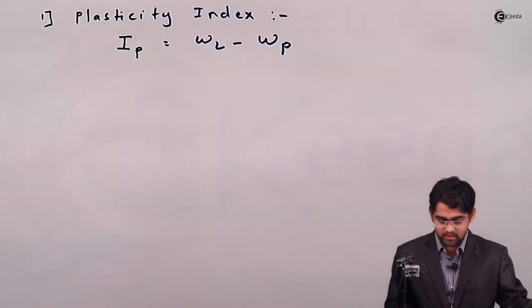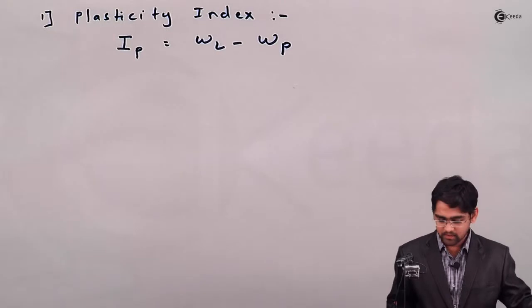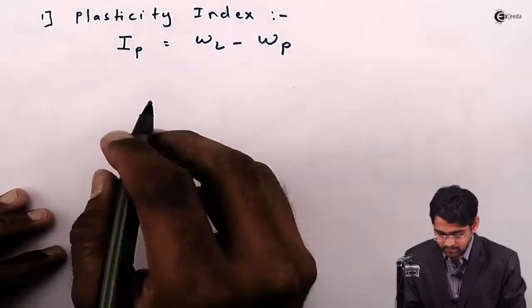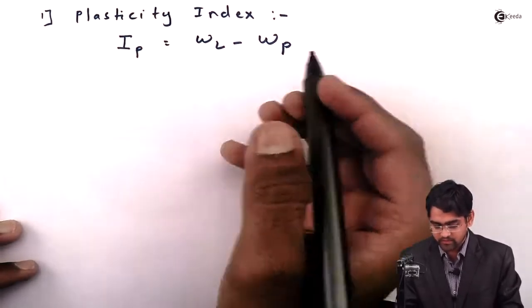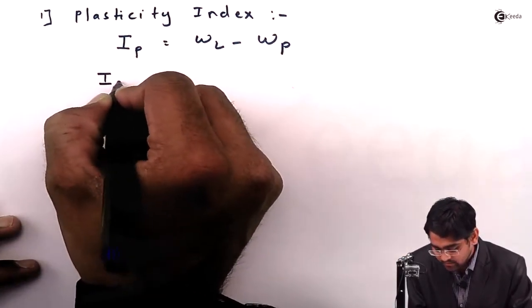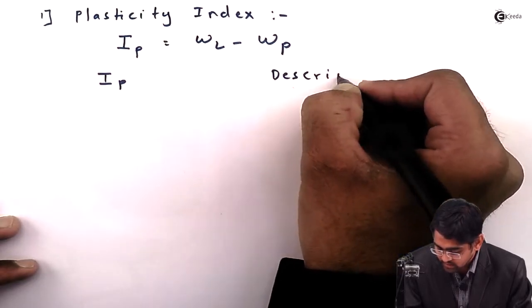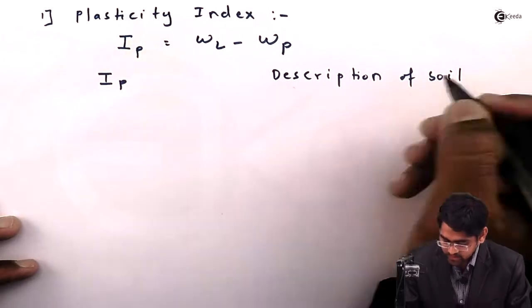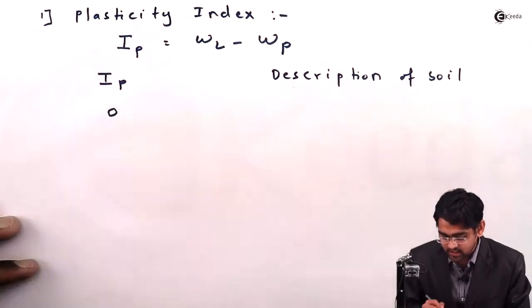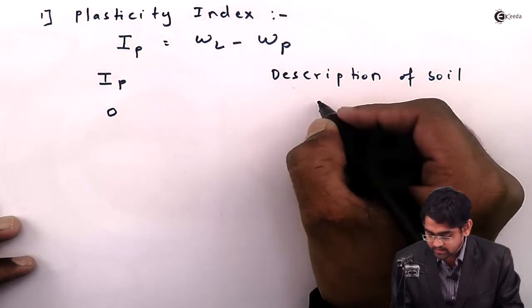So we have got this plasticity index, and depending on this plasticity index, we have got the classification of the soil. If you have plasticity index and the description of soil, if you got the plasticity index equal to 0, that means the soil is non-plastic.